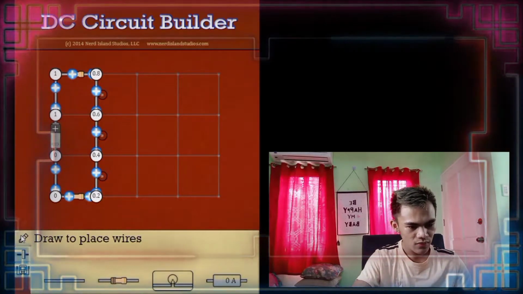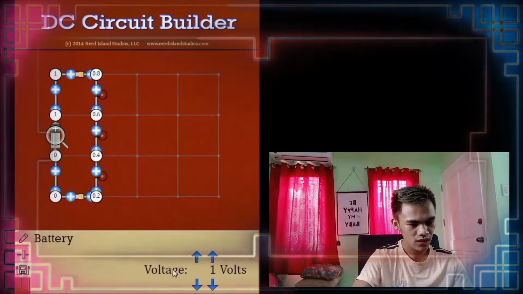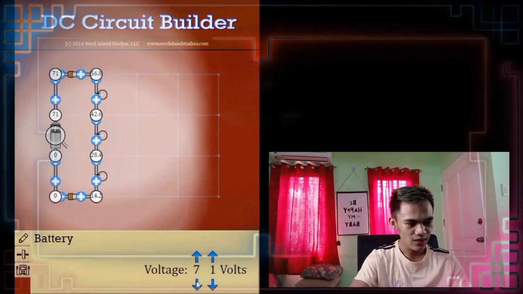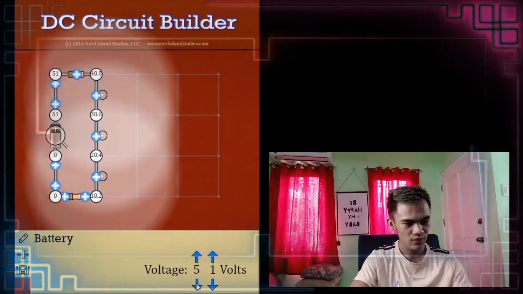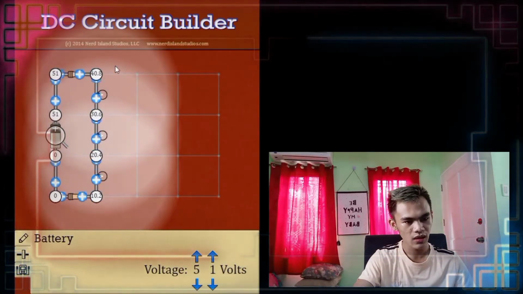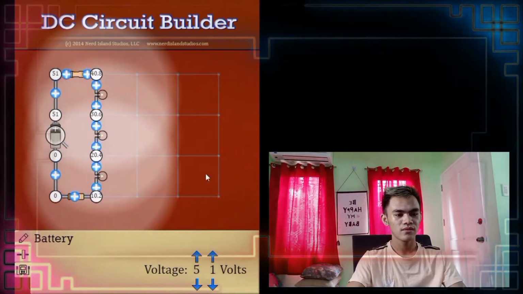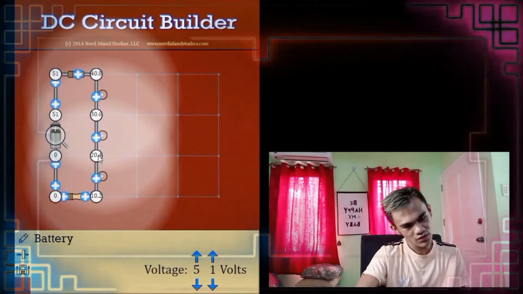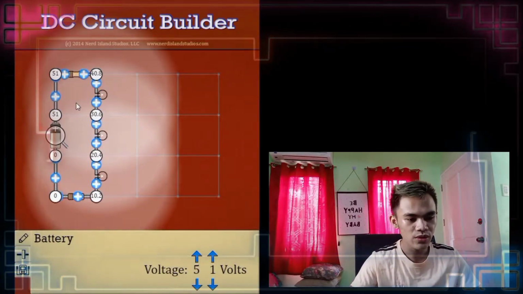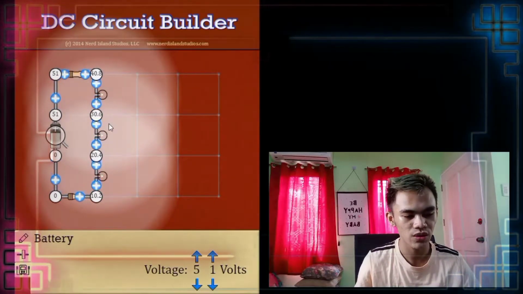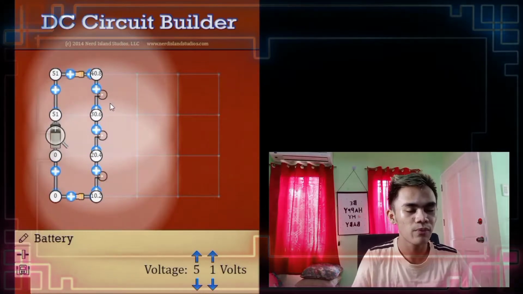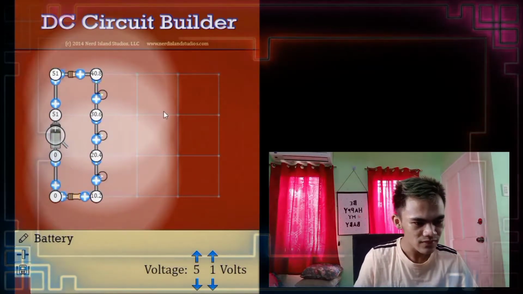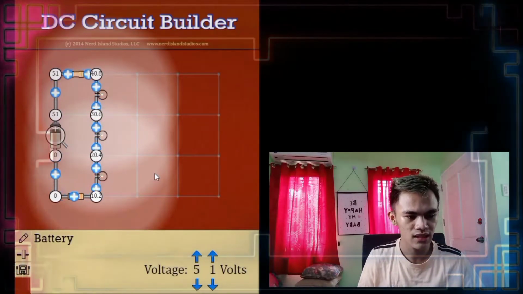There's no light because our voltage is too low, so let's try to increase it. Alright, so we have here 50. Our circuit is now closed, so as we can see, the bulb is now lighting.